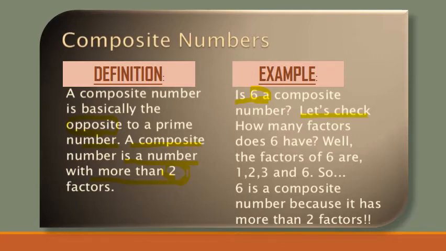Let's check. How many factors does 6 have? Well, the factors of 6 are 1, 2, 3 and 6. So, 6 is a composite number because it has more than two factors.